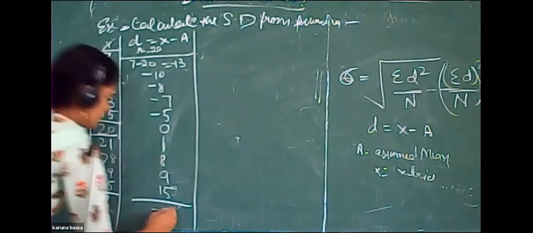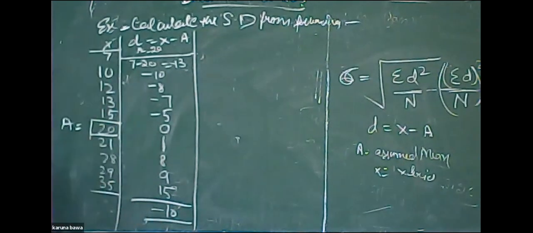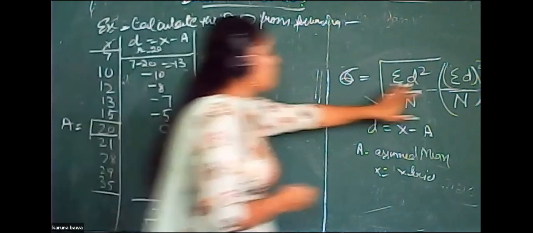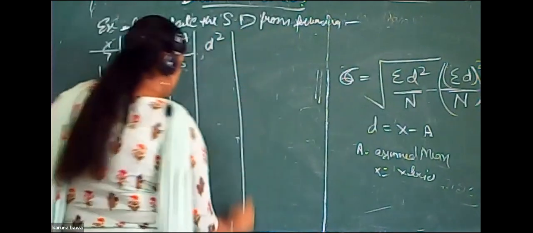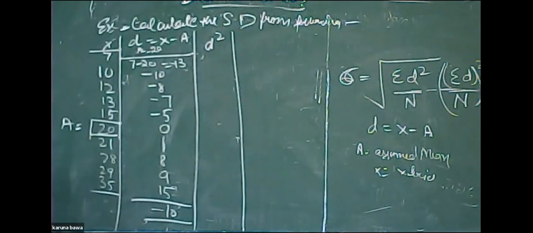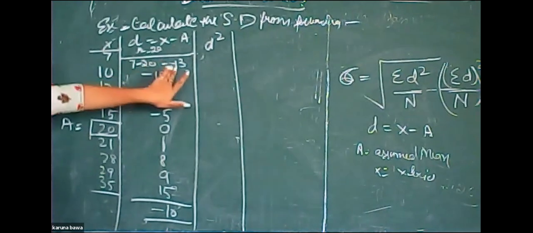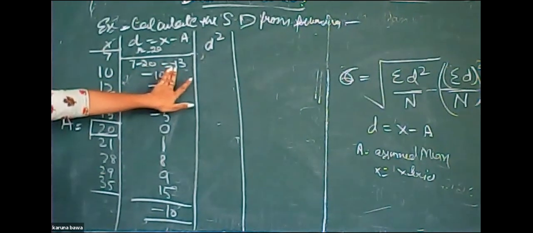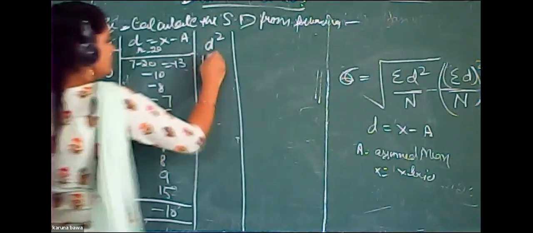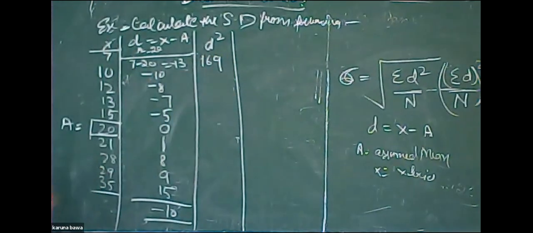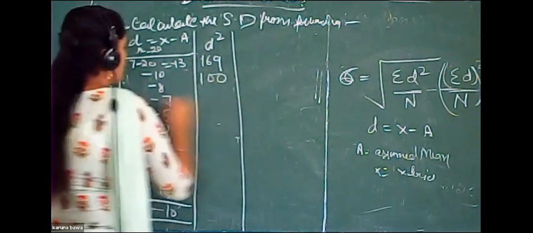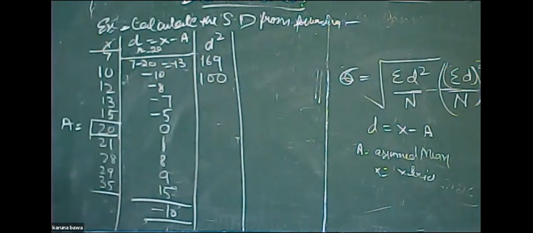minus 10. So on the other hand, we find out the square of the deviation. Square of the deviation means minus 13 multiplied by minus 13, that is 169. On the other hand, minus 10 multiplied by minus 10 is 100, because minus times minus is plus.